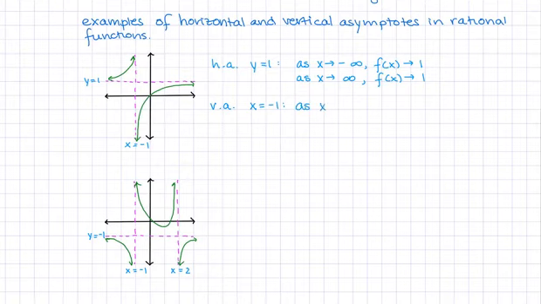As x approaches -1, and when I want to say -1 from the left, I put a little negative sign up there where an exponent would normally be. So that means -1 from the left. We can see that the function is going down, meaning it's approaching negative infinity.